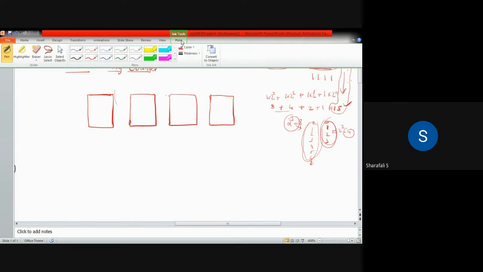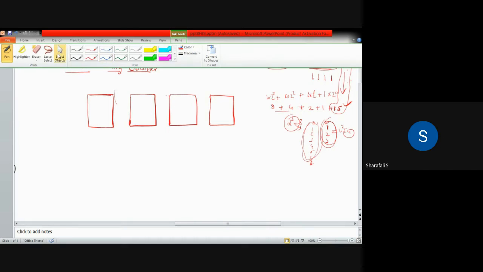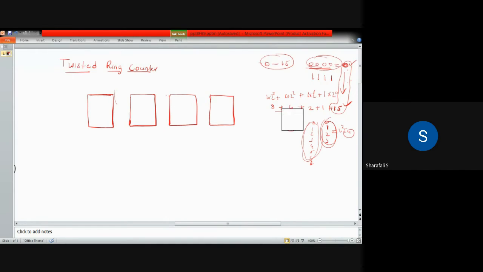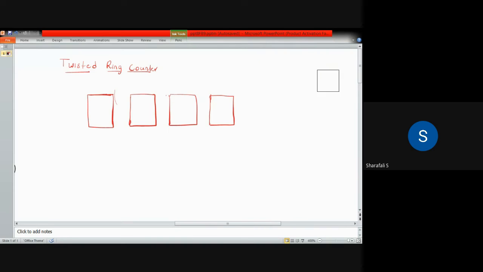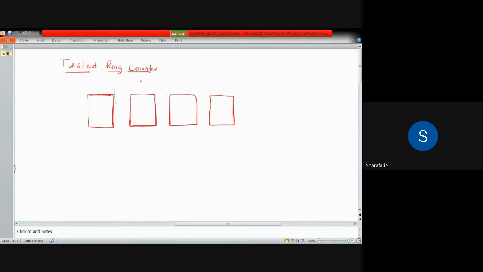So now we will be considering another counter, which has a similar circuit diagram, but with a very small difference. Let's consider again D0, D1, D2, D3, and we have Q0, Q1, Q2, Q3.